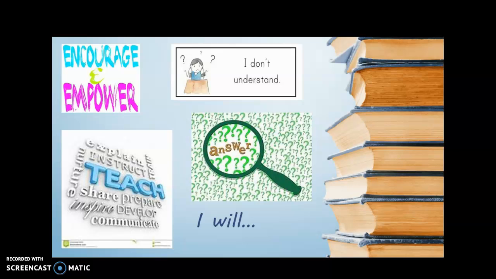And I will teach you, I will instruct you, I will develop you in the math class. Not just 1, 2, 3 of you, but all of you, because you are all math scholars.